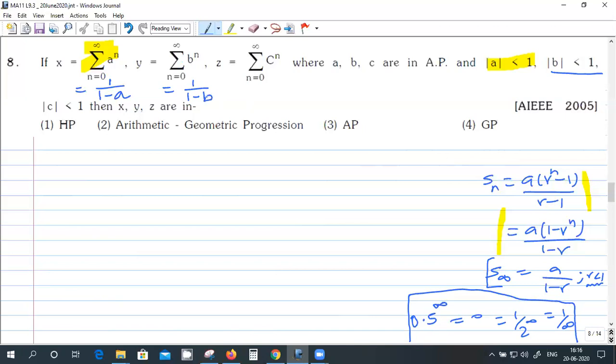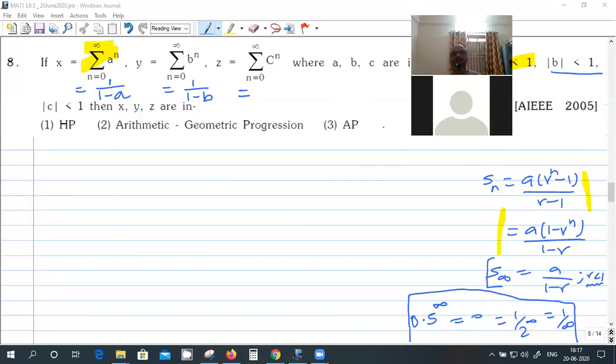It's 1 by 1 minus b, right? And z is 1 by 1 minus c, because the common ratio is c and the first term is 1, so 1 divided by 1 minus c. So from this you can proceed now.